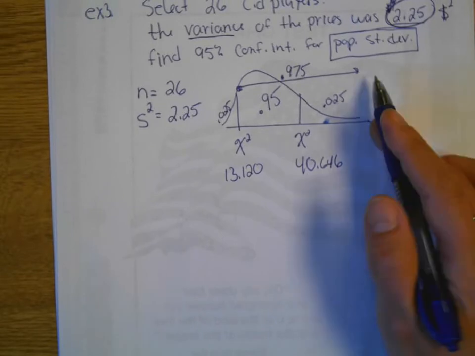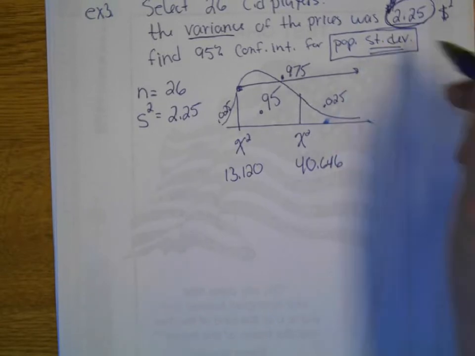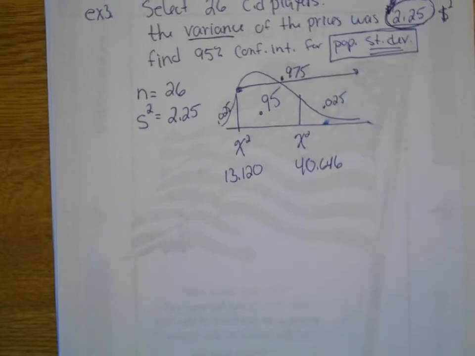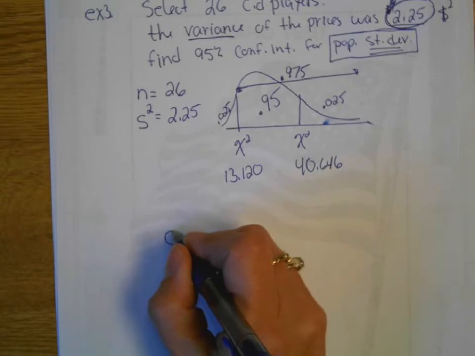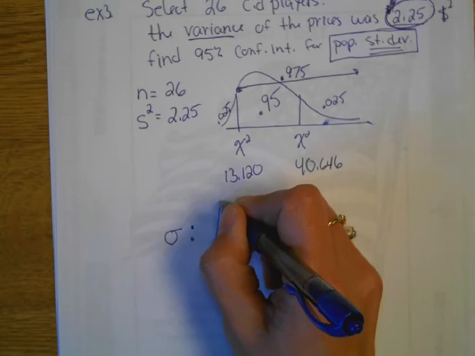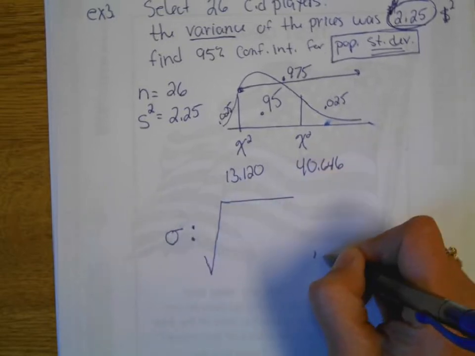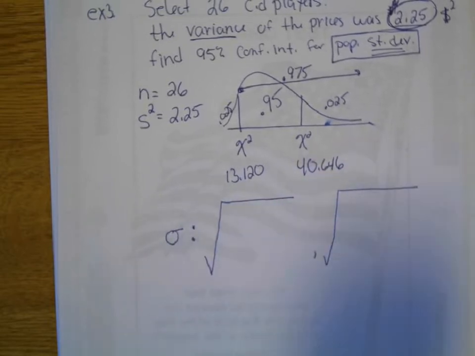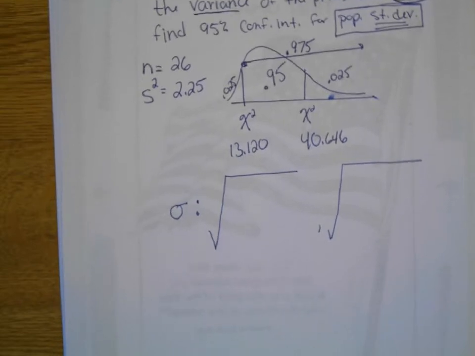So this time I want the confidence interval for the standard deviation. That's the one that has the square root in it. So the standard deviation interval will be the square root of those formulas. Our formula is still the same.